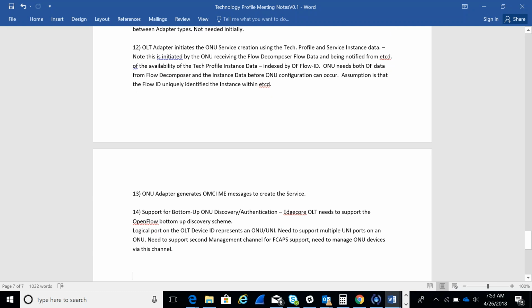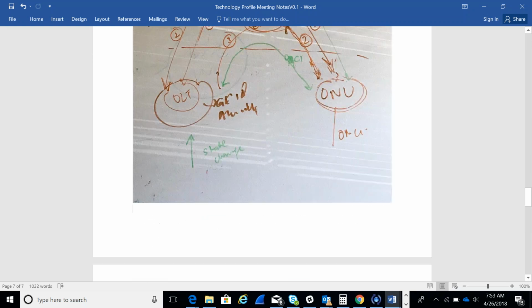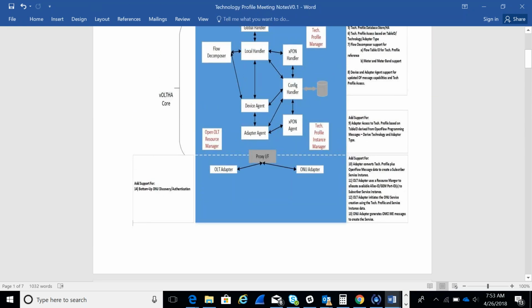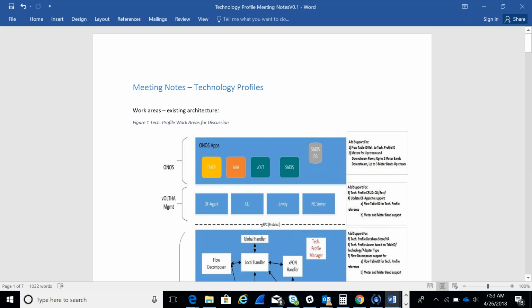14, so this was basically the bottom-up ONU discovery authentication approach that Saurabh discussed in previous meetings. So that's basically the list of the notes that I had taken. And if there's any update to this, I'll update the document and increment the revision, and I'll post it again onto VOLTHA Core.